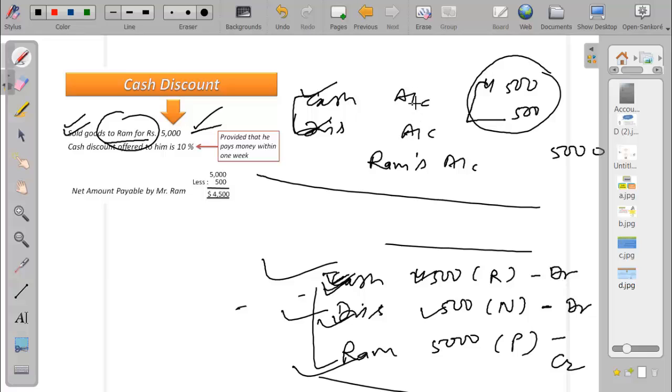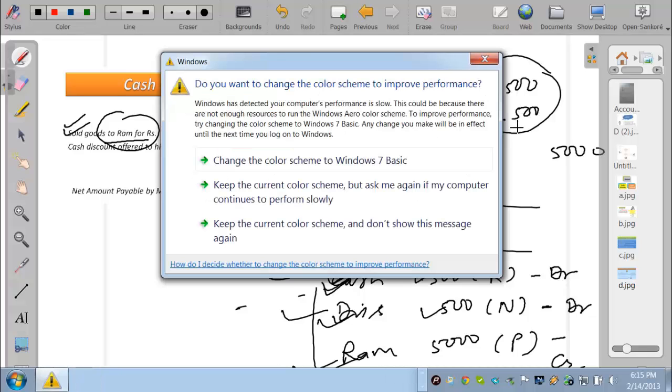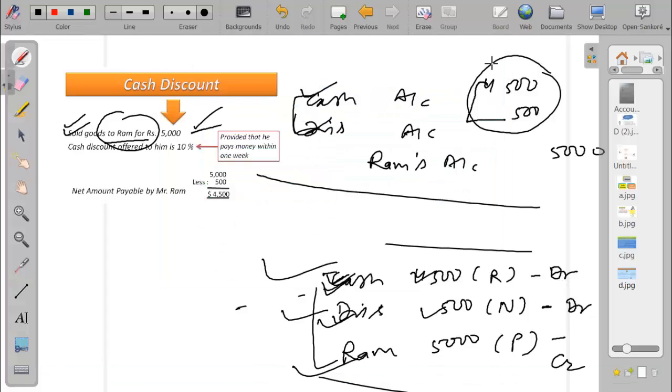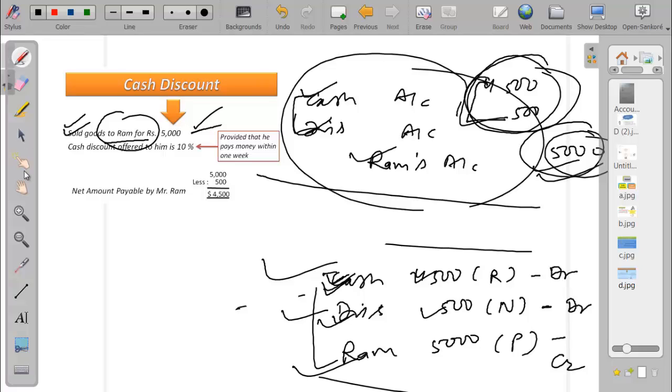The total of debit is 5,000 and one item is credited and the total is also 5,000. You know very well that debit equals credit. Whatever amount we put in the debit column, the same amount we have to write in the credit column. So total of debit is 5,000 and total of credit is also 5,000. Is that clear? So this is the entry for this transaction. Getting my point?